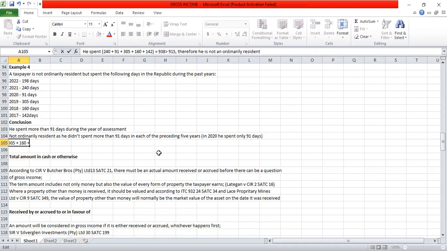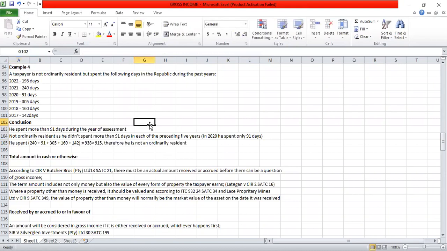Then we'll now say 240 plus 91 plus 305 plus 160 plus 142, which is 938. Is that right?